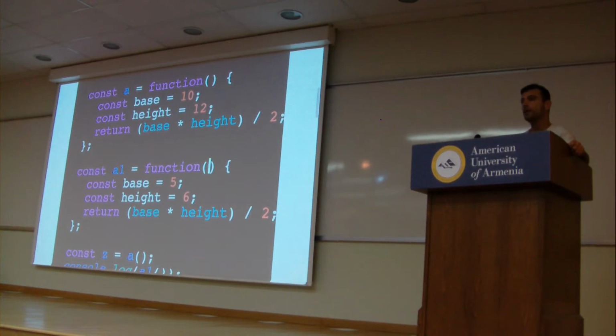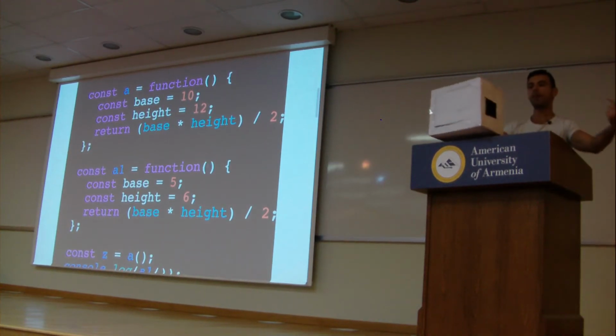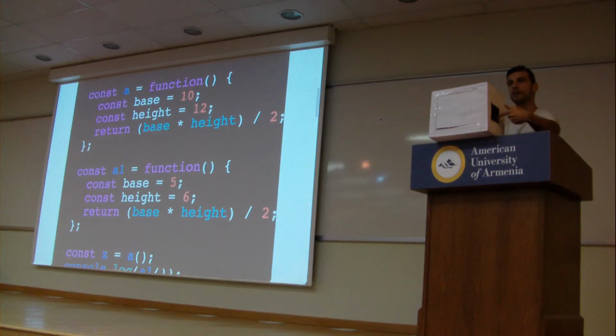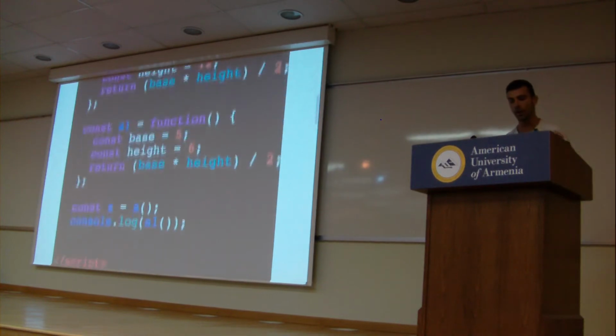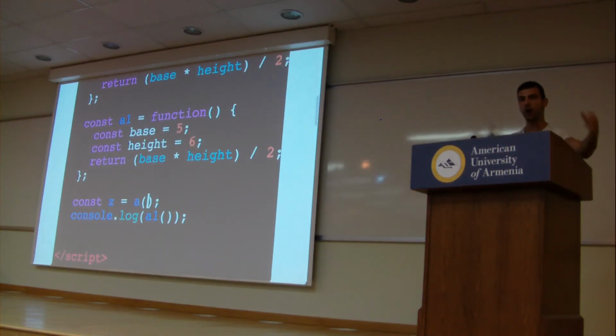Remember this area here, this hole. I told you that we can pass values into it just as well as we can get a value out of it. Remember this? Okay, so let's pass a value into it. When we call it, this is me calling it, let me pass values inside.